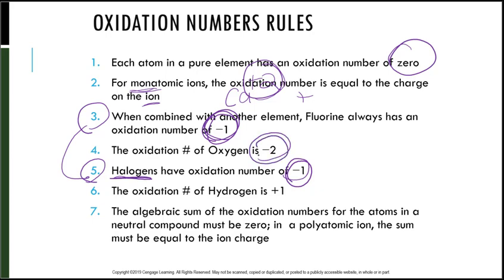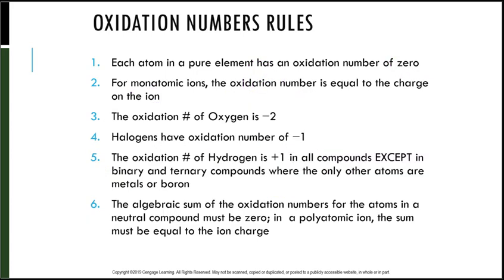Oxygen is always -2. Oxidation number of hydrogen is +1. There, I fixed this. I just made that rule all in one rule where halogens have the oxidation number of -1. And I did make an addition because we said oxidation number of hydrogen is +1 in all compounds, except, there is an exception, in binary and ternary compounds where the only other atoms are metals or boron.